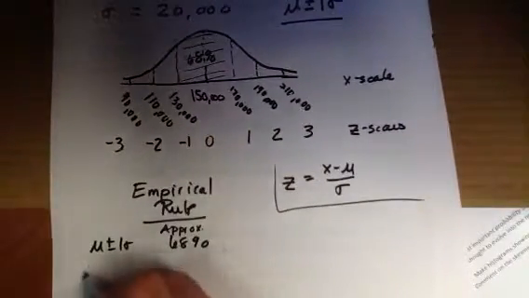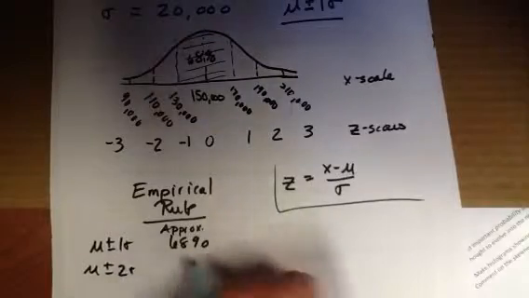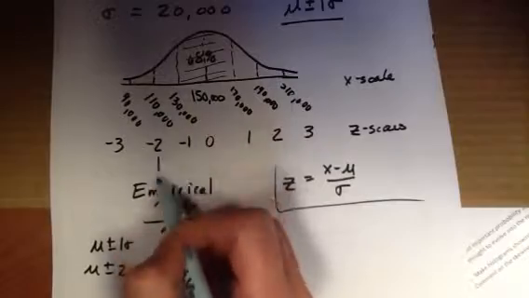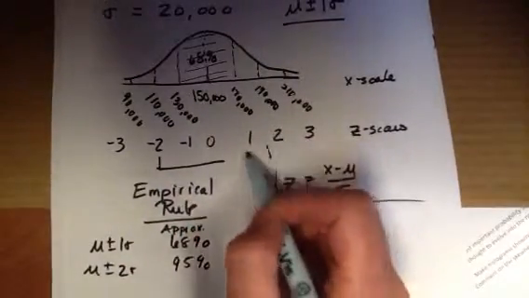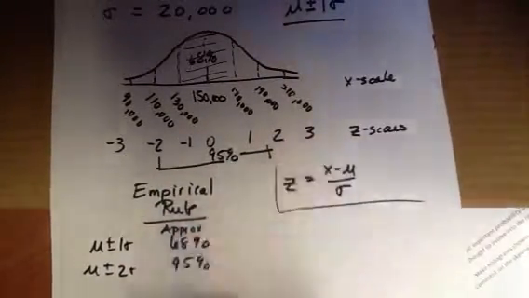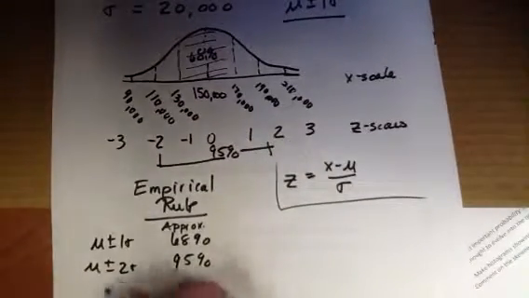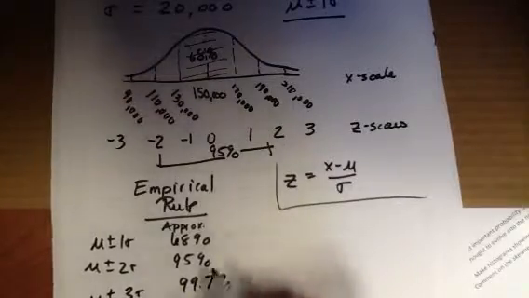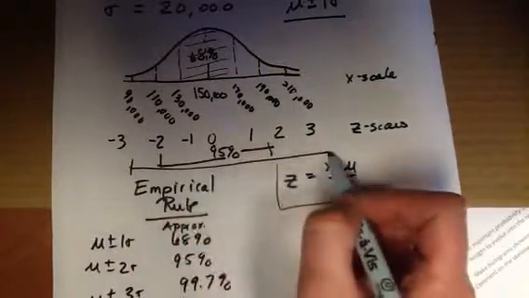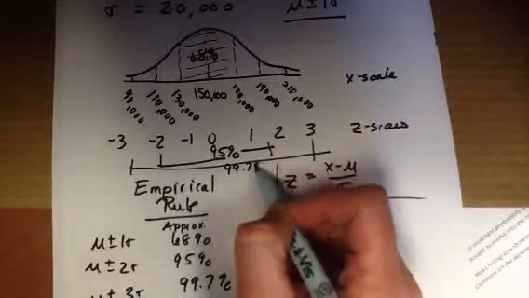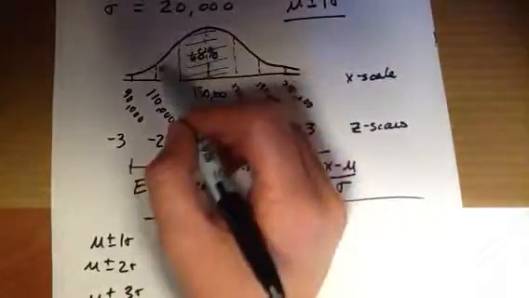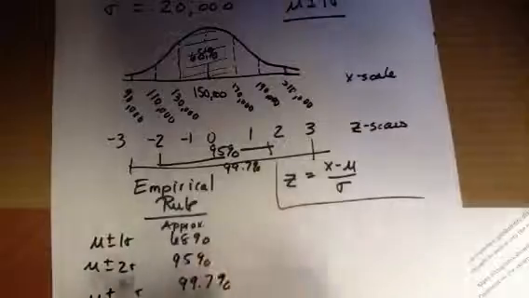What the empirical rule tells us is within 2 standard deviations, 95% of our data lie. So that means between 110 and 190 is 95% of your data. Within 3 standard deviations, 99.7% of your data. So that means from here to here, 99.7%. Now because it's symmetrical, we can break these little sections into percentages.